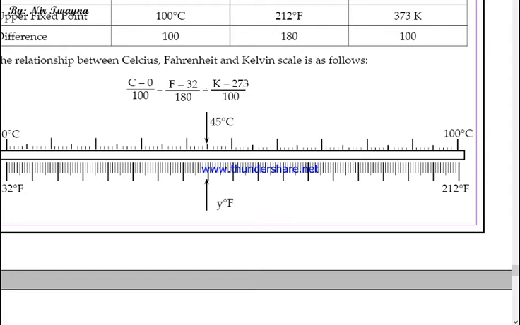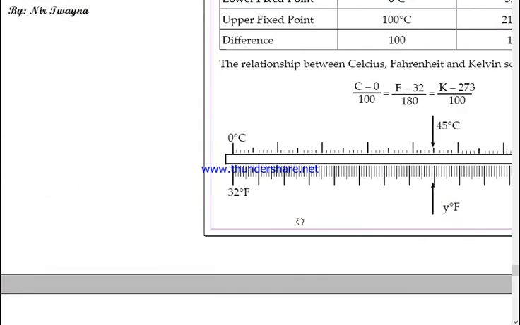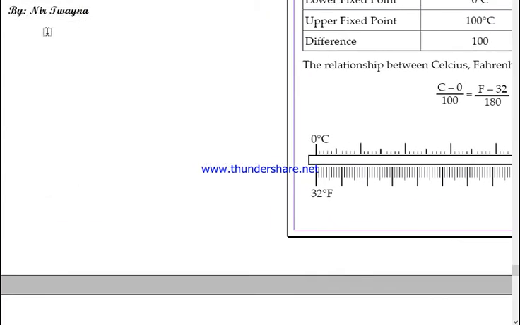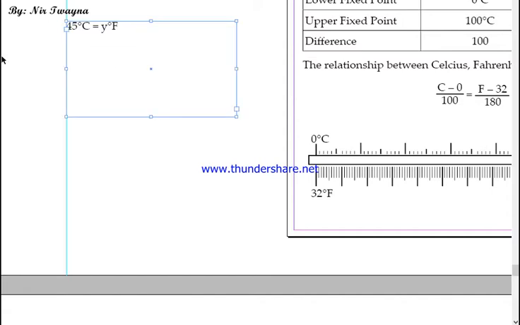From this relation, what we can say is 45 degree Celsius is equal to Y degree Fahrenheit, isn't it? We can say that. Is there any confusion?